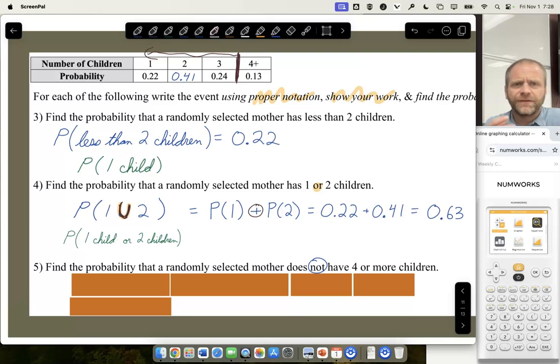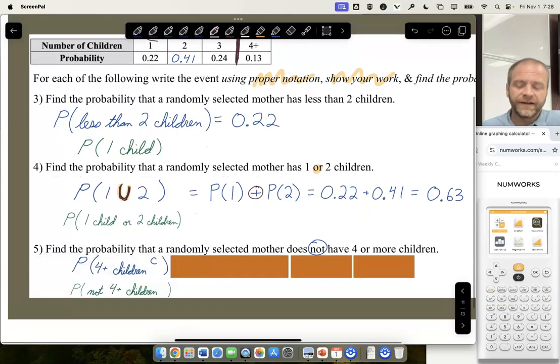I could add those because there's only 3 of them together, but I want to work on notation. So we're going to do this. The probability of not 4 children is the probability of 4 more children complement. That's the notation we're looking at. That means not 4 more children.